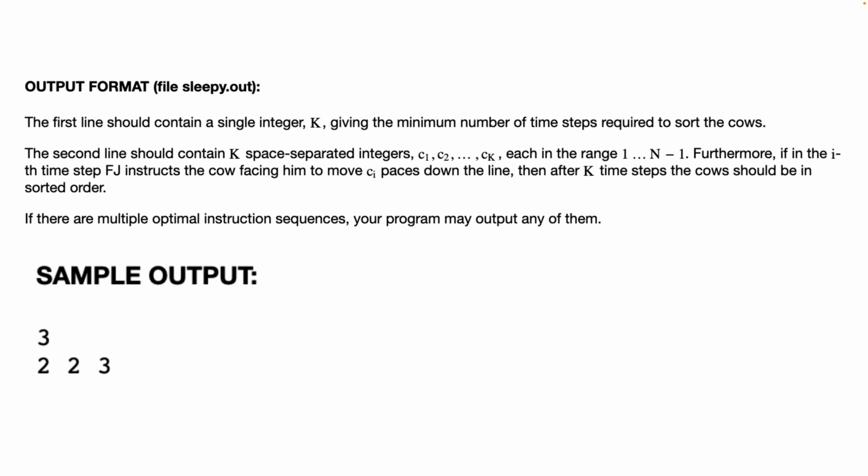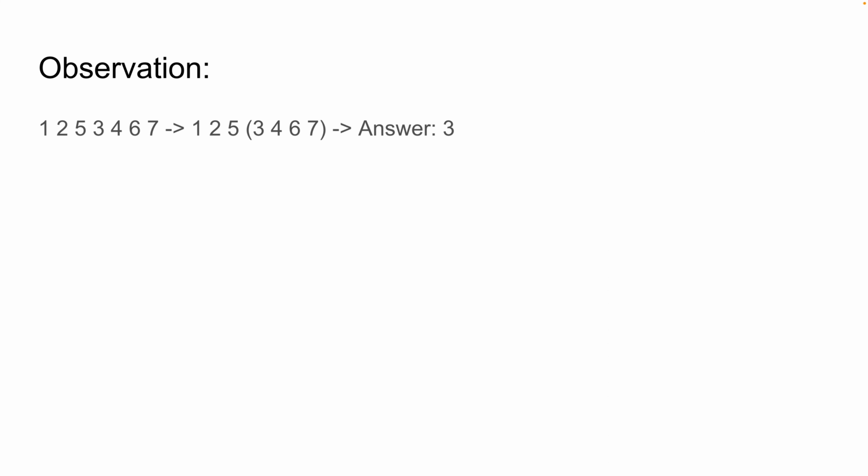Before we get into this problem, we need to note a few observations. The first observation is that the answer can be found by the number of cows. We can split the original permutation of cows into two parts. The second part is the maximum number of cows from the back which is sorted. In this sample case that I made, it would be 3, 4, 6, and 7, which we'll call the suffix.